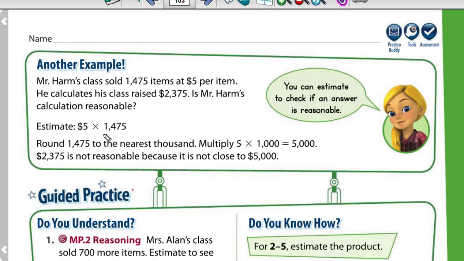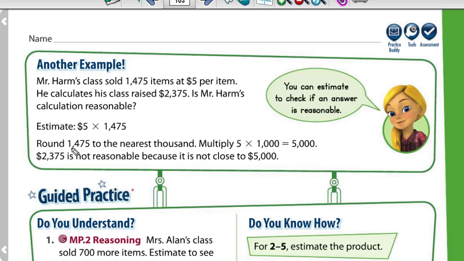We will multiply 5 by 1,475 and we will estimate. So we will round this big number 1,475 to the greatest place value. The greatest place value here is thousands, so we will round this to thousands.